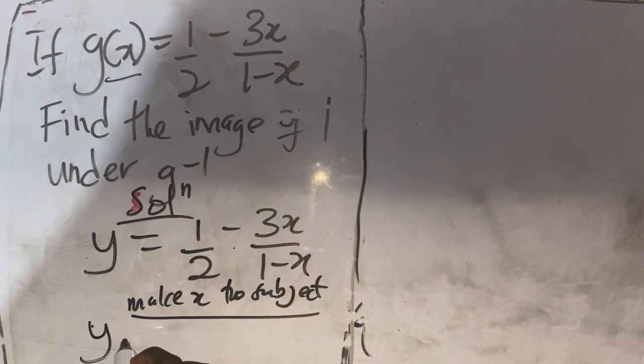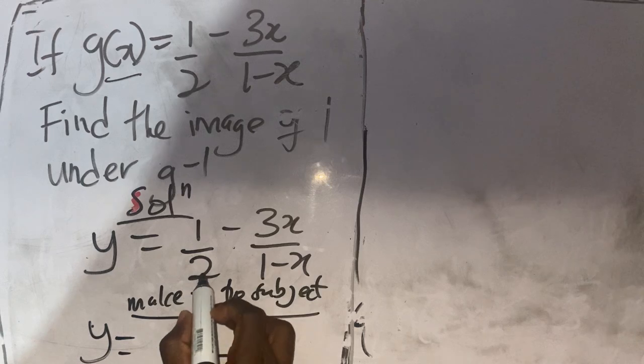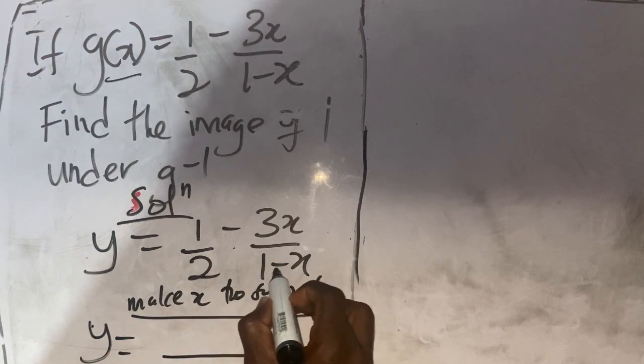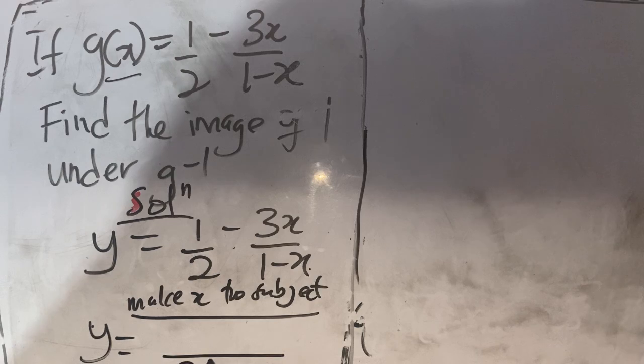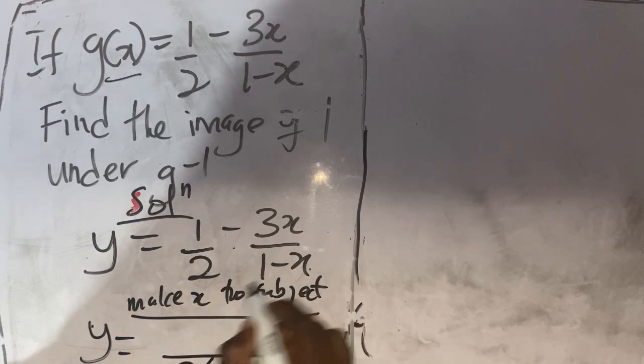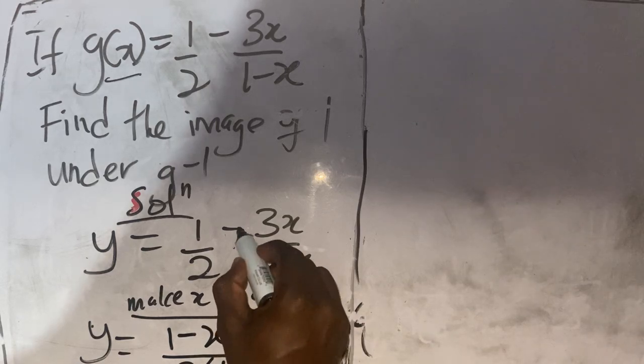Because I have this x here, I'm going to write y equal to, and now I'm going to find the LCM. So I have 2 and then 1 minus x. The LCM is going to be 2 times 1 minus x. So this goes into that, and I have this whole component left: 1 multiplied by 1 minus x, which gives 1 minus x, and then the minus sign.